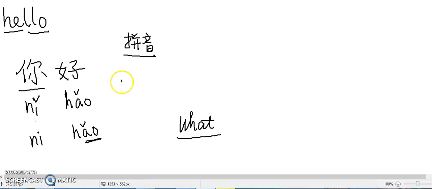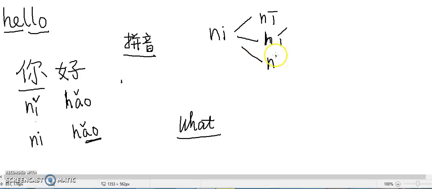So for example, ni, as I said before, has four tones. It could be ni with a horizontal line on top, or the second, going up, ni, or ni, or ni.